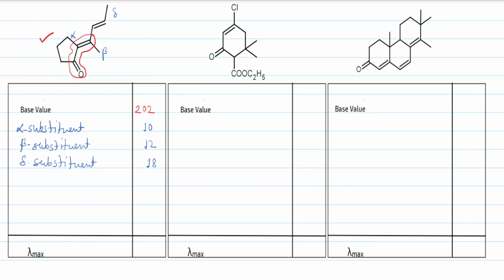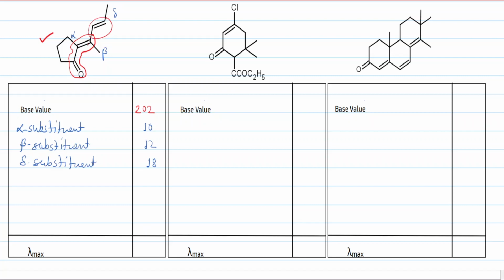So again, afterwards, this is the single bond and this is the double bond. Therefore, this double bond is in conjugation with this bond. So there is an extended conjugation, and for that purpose 30 nanometer should be added.